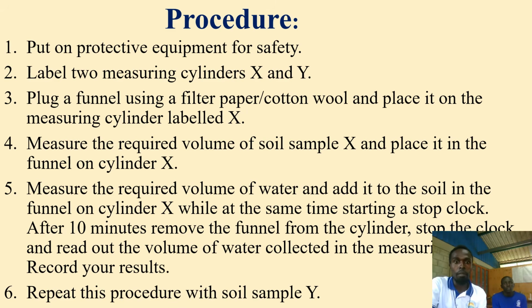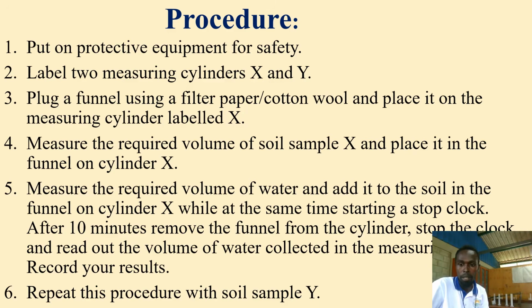Number 2, label 2 measuring cylinders X and Y. I think my colleague is going to be doing that. We are going to get a measuring cylinder. Let's see the measuring cylinder. They are here. Let's have these ones. And for purposes of this video, we are going to only do one, so that you use your psyche to connect with the two.